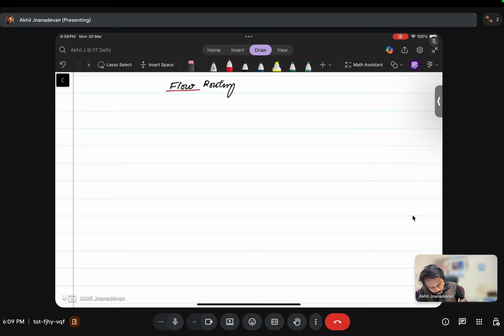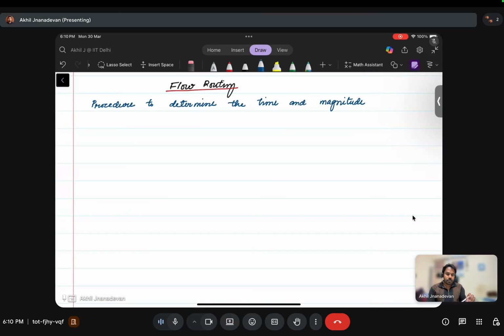Just to be on track, what is flow routing? The formal definition is the procedure to determine the time and magnitude. You already know we are trying to derive hydrographs, right?